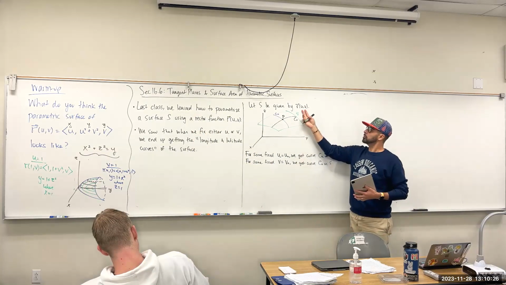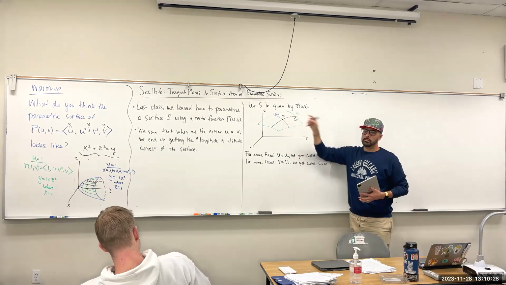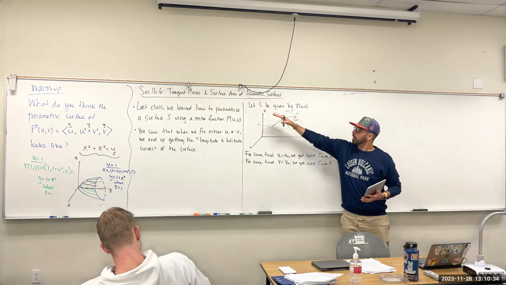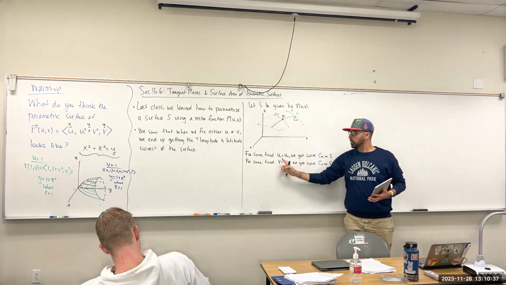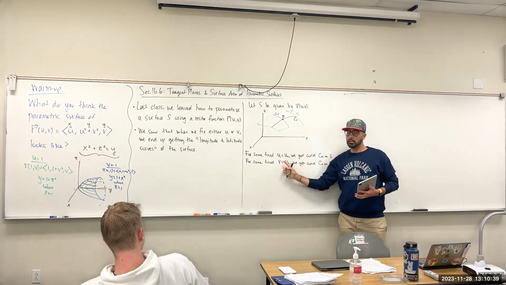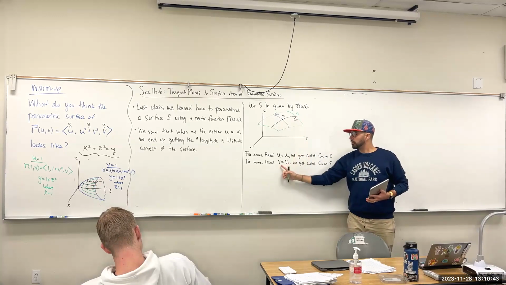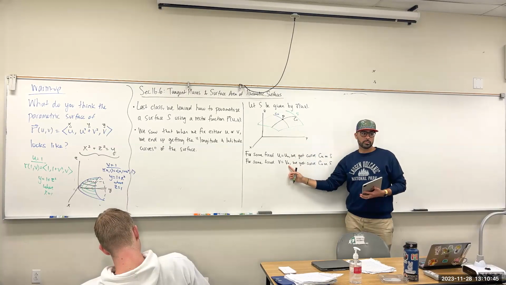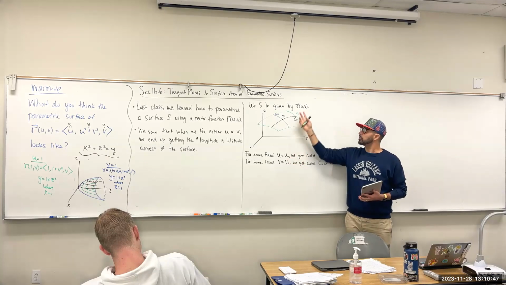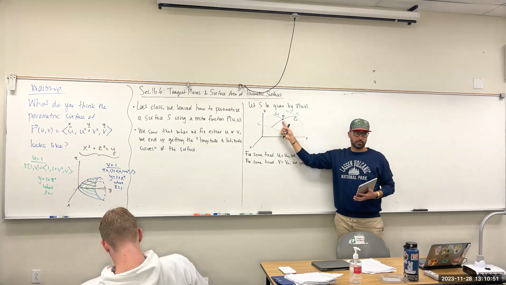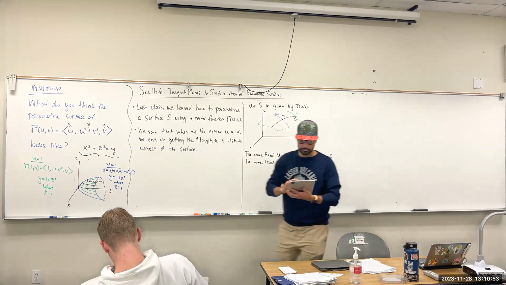What would I have to plug into r to give me point P? You'd have to plug in 1, 1, right? Because this point lies on the curve Cu where u is equal to u naught, but that point also lies on the black curve where v is equal to v naught. So if I plug in u naught and v naught into r, that's going to output the vector giving me P. Okay?